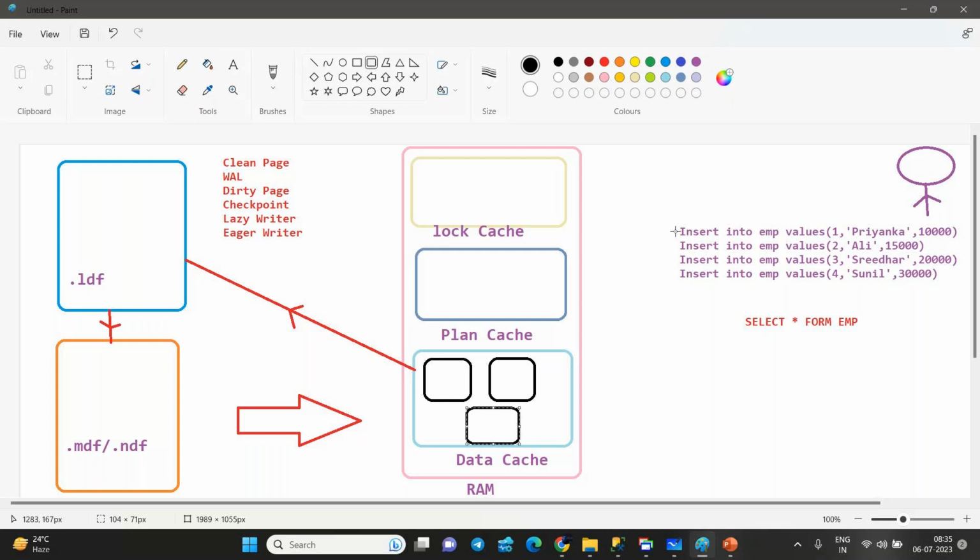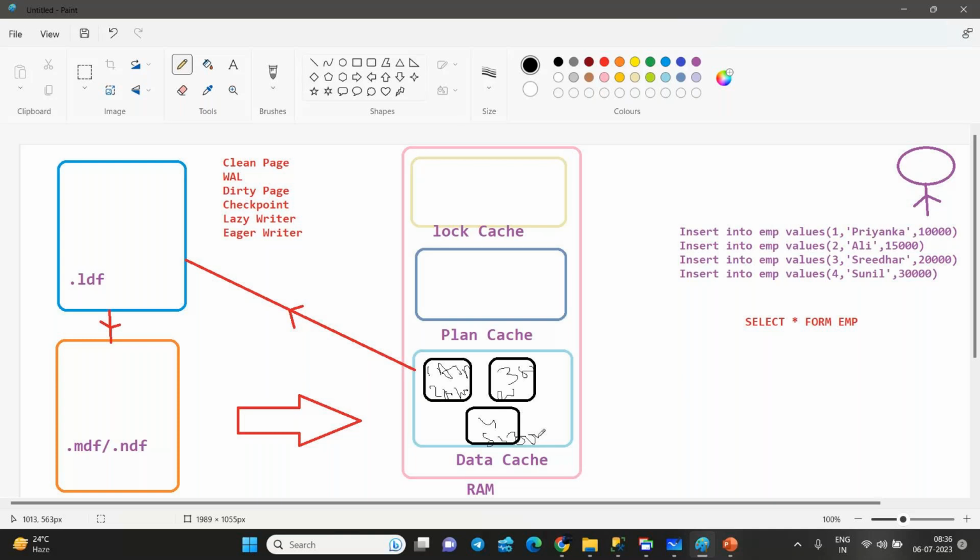For example: one, Ali, 15,000; two, Priyanka, 10,000; three, Sridhar, 20,000; four, Sunil, 30,000. So now I am trying to insert, update, or delete the data, which means I am doing some modifications.